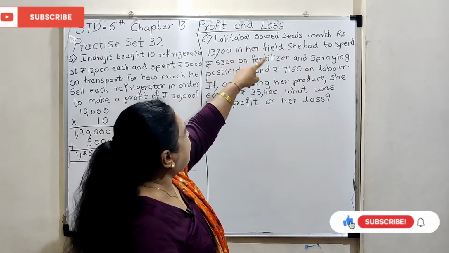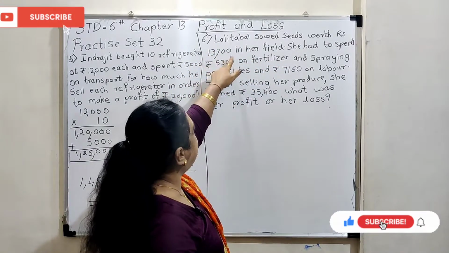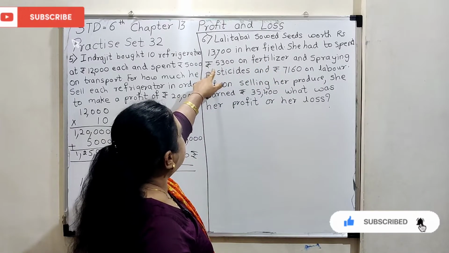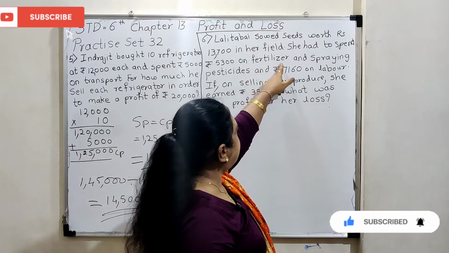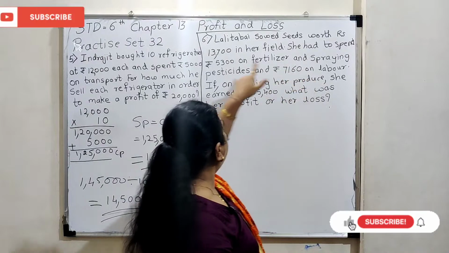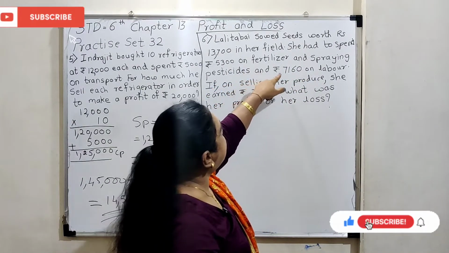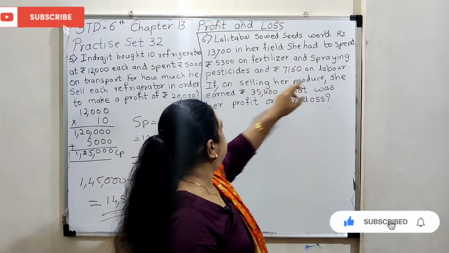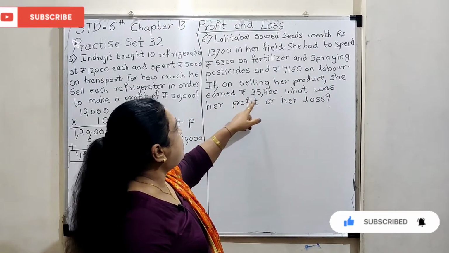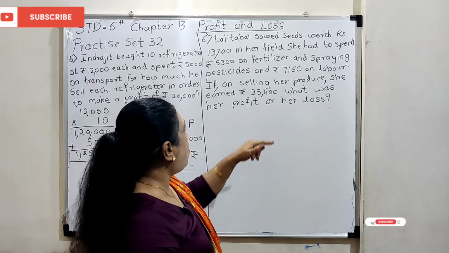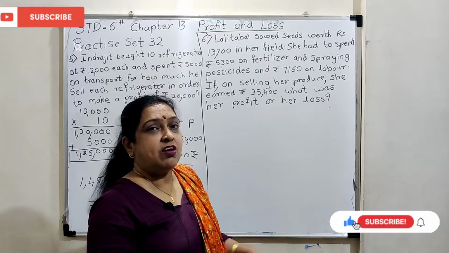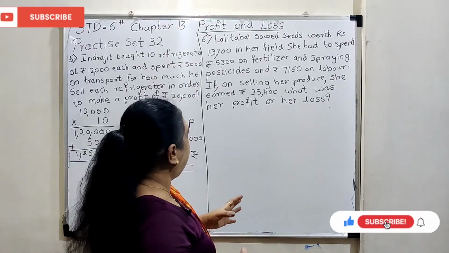Now we'll solve sum number 6. Lalita Tai sowed seeds worth rupees 13,700 in her field. She had to spend rupees 5,300 on fertilizer and spraying pesticides and rupees 7,160 on labor. If on selling her produce she earned rupees 35,400, what was her profit or her loss? We don't know if she made a profit or a loss, so we have to find out that.